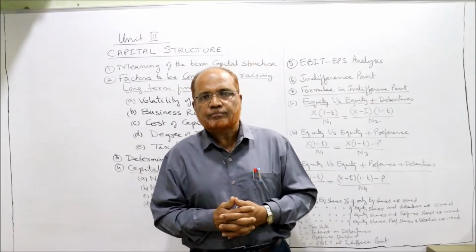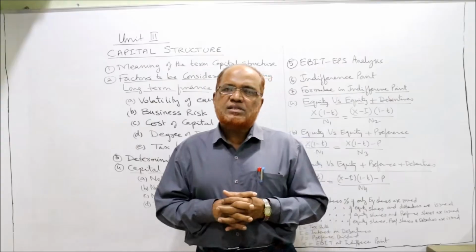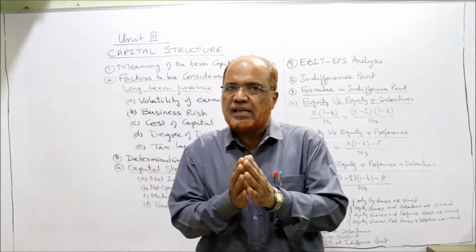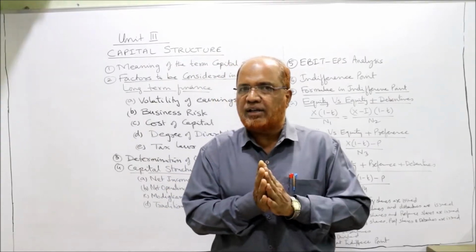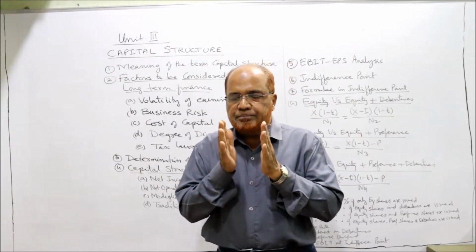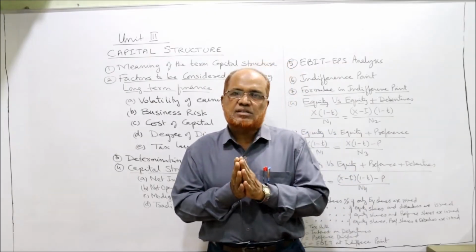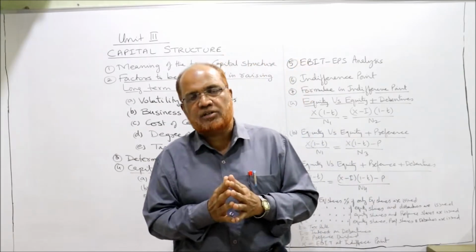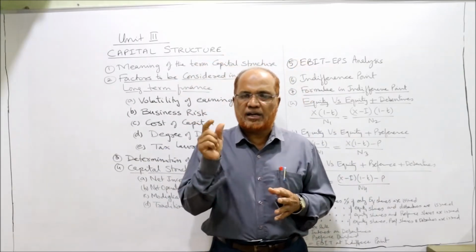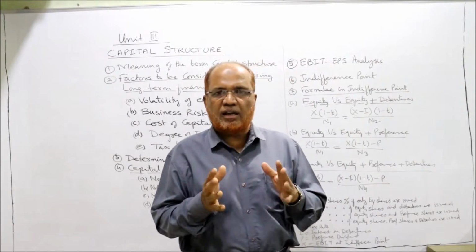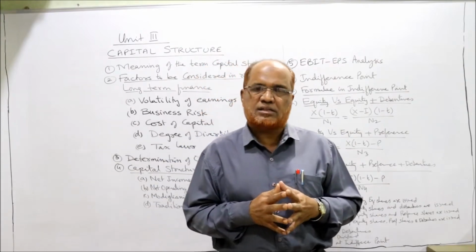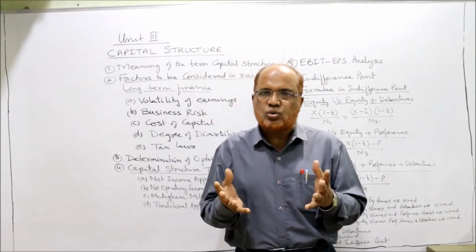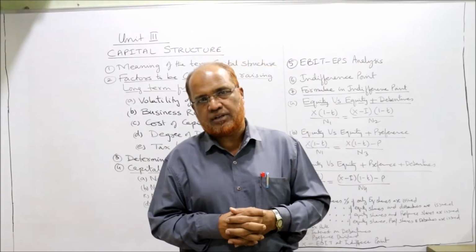Now we will start. There are two types of capitals, levered capital and unlevered capital. The preference shares and debentures have a fixed rate of return commitment. Preference dividend should be paid at a specified fixed rate and interest has to be paid on debentures at a fixed rate. So these two combined are called levered capital.